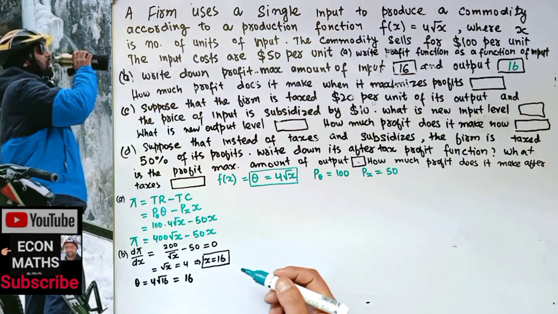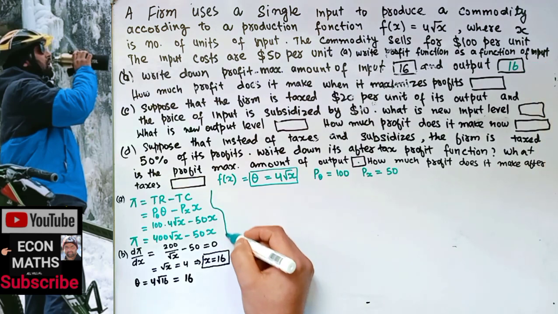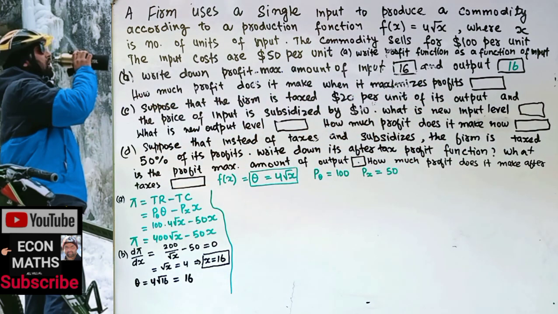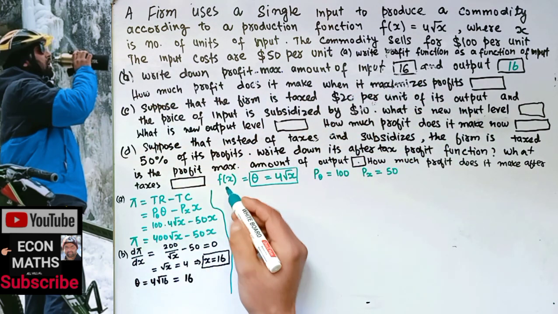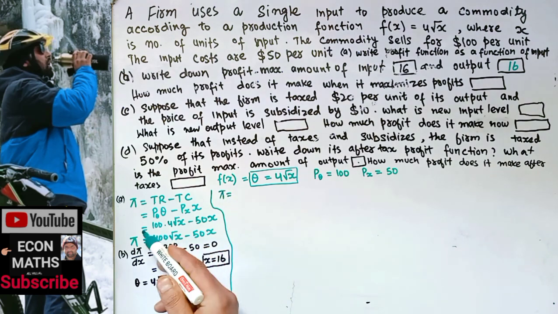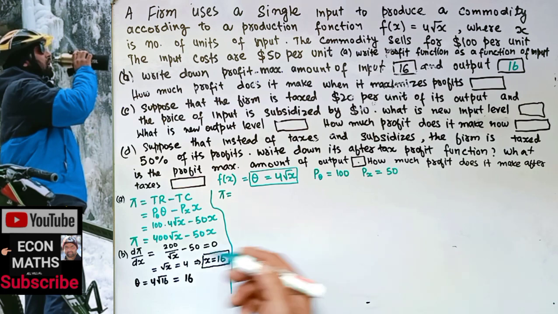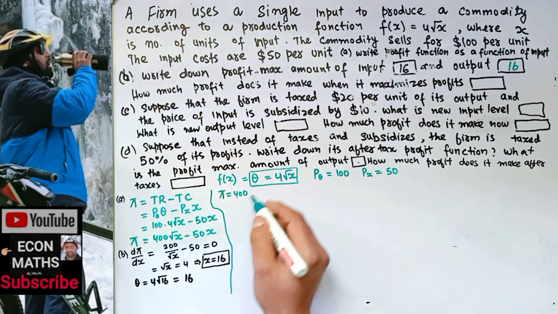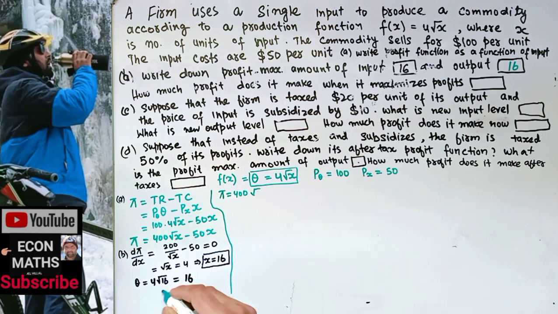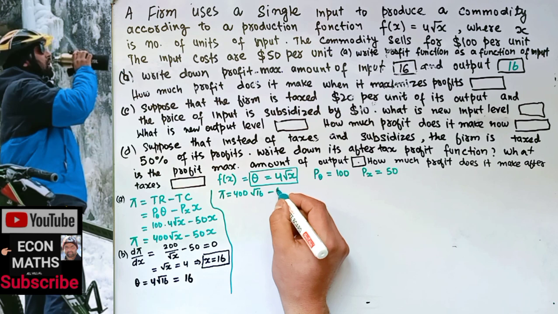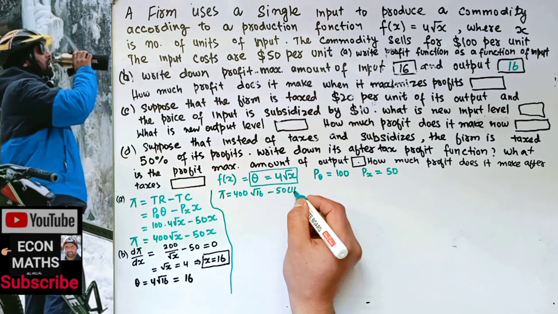The third thing tells us how much profit the firm makes when it maximizes profit. Since this is our profit function, simply plug the value of profit maximizing input in this profit function to get the profit. So we have 400 under root 16, because we got the value of input as 16, minus 50 times 16.